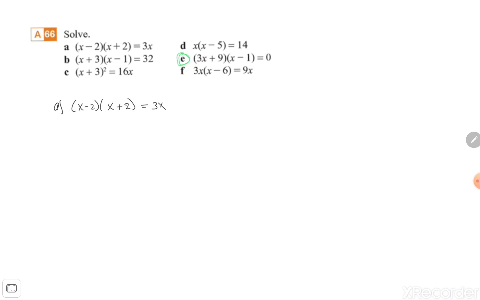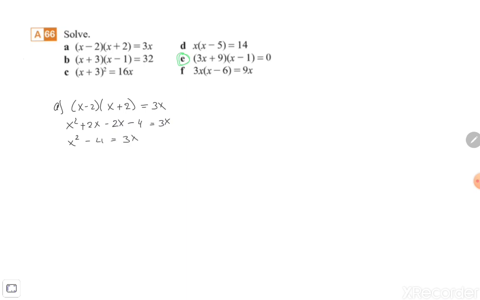But if you want to do it step by step, it's also possible. So x times x is x squared. x times 2 is plus 2x. But minus 2 times x is minus 2x. And minus 2 times 2 is minus 4. Is equal to 3x. So what I just said was x squared minus 4 is equal to 3x.